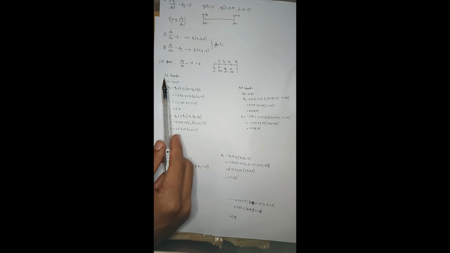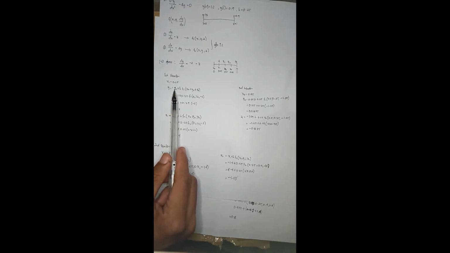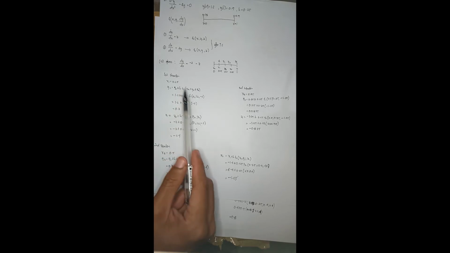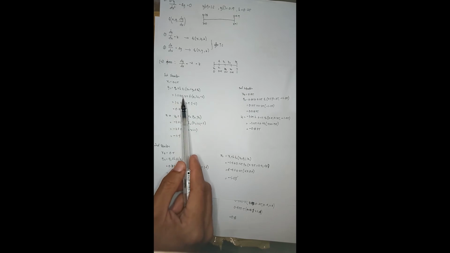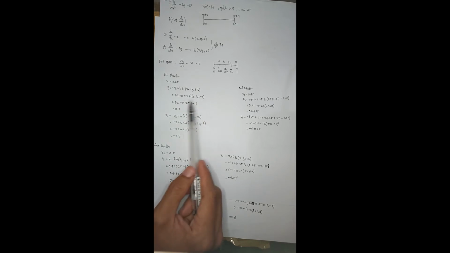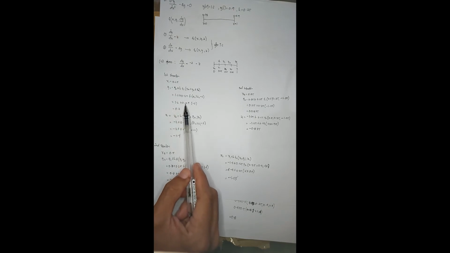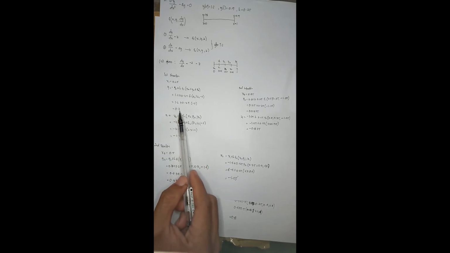Now let's proceed to the first integration. x1 is equal to 0.25, and our y1 is equal to y of 0 plus h times f1 times (x of 0, y of 0, z of 0), which is equal to 1.2 plus 0.25 times f1 of (0, 1.2, negative 2), which is equal to 1.2 plus 0.25 times negative 2, which is equal to 0.7.